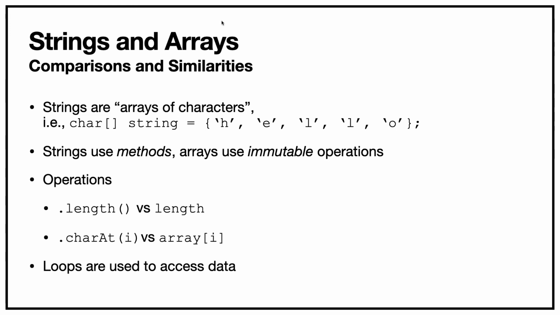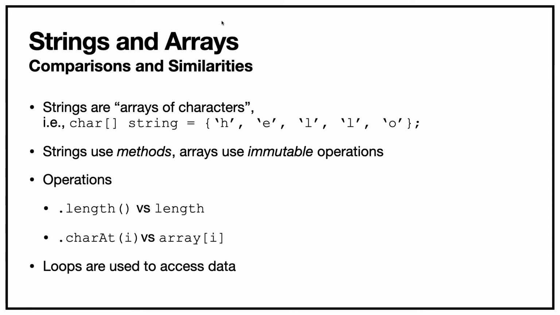So this is another way you can declare a string: by creating a char square bracket string equals, and then you just provide character by character the elements. It's a little bit complicated and lengthy, so that's why we recommend using just the String object. But in reality, what the string is doing is declaring an array of characters.